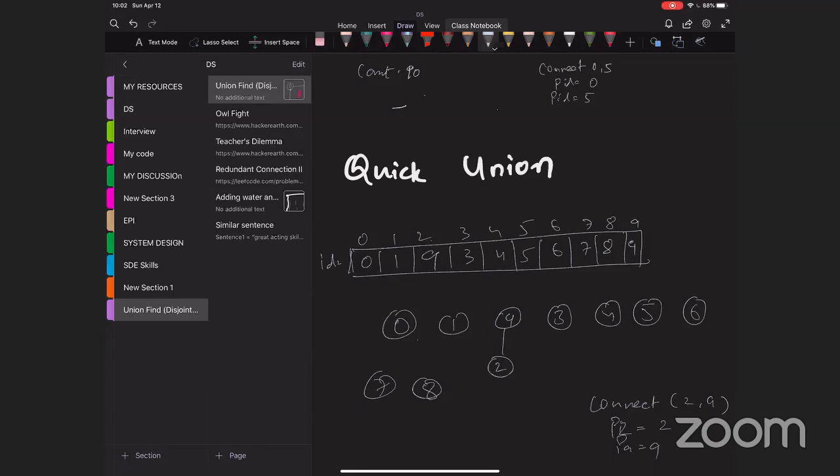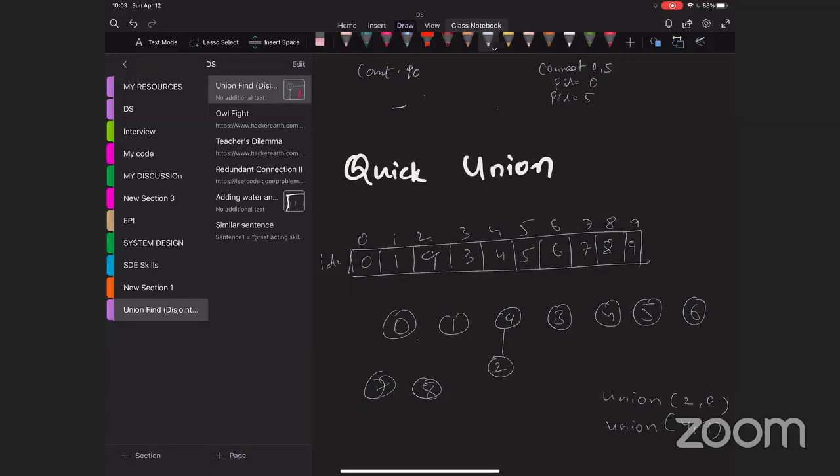Now I'm going to say connect 9 to 4. Or let's say connect 4 to 9. So my connect, or union, it is union, I'm just mixing, sorry about that.